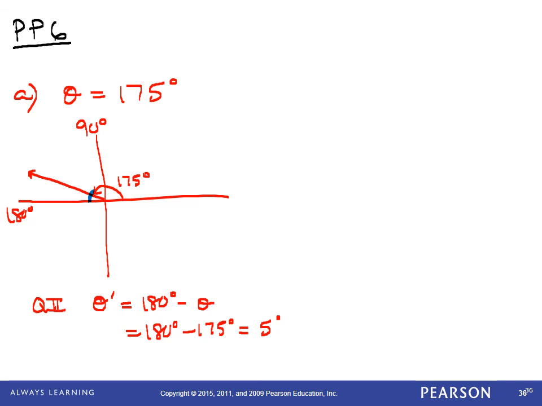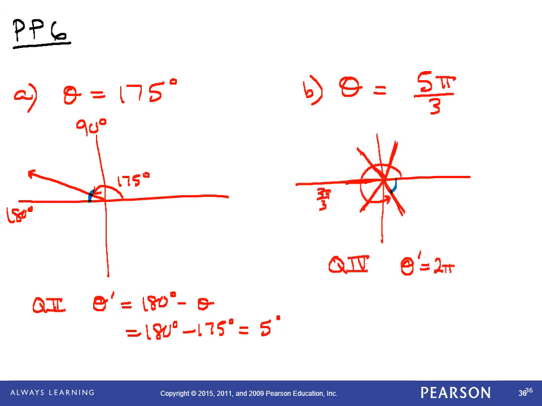And of course, just to make your life difficult here, let's go to radian measurement. For part B, it is 5 pi over 3. So the only crucial point we've got to think to ourselves is, where in the world is 5 pi over 3?